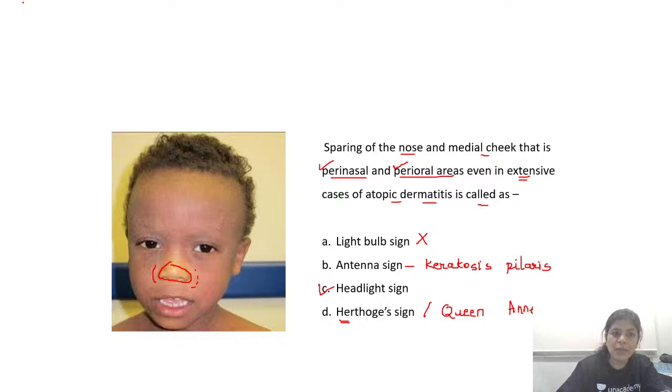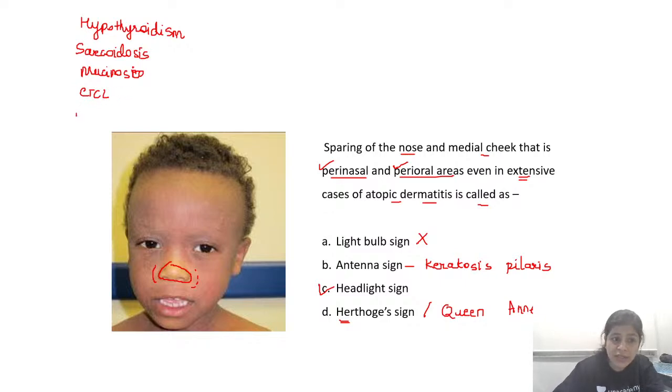You also see madarosis or loss of lateral one-third of the eyebrows in patients with hypothyroidism. Okay, so you see it in hypothyroidism. You can also see it in patients having infiltrative disorders like sarcoidosis, mucinosis, cutaneous T-cell lymphomas, as well as in conditions where there can be extreme pruritus like airborne contact dermatitis.